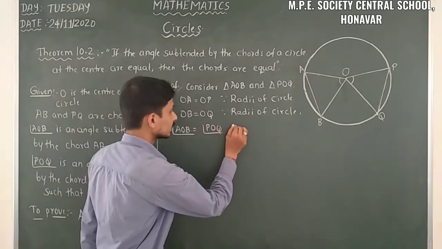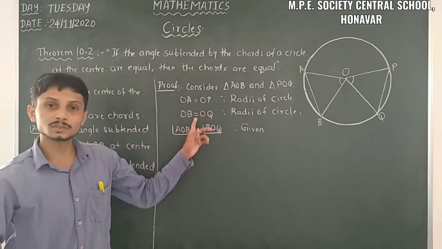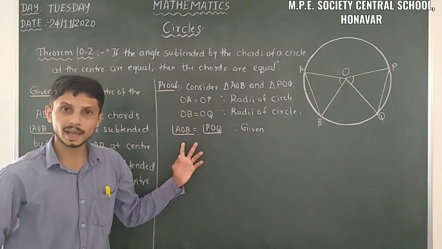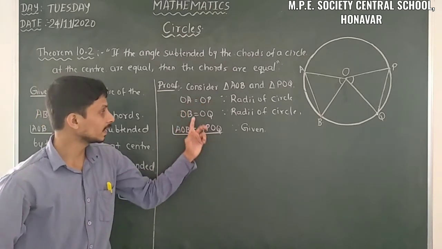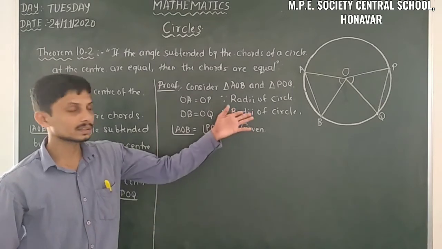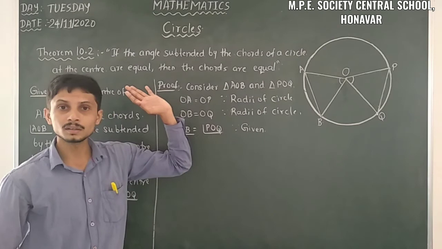So here two sides are equal and the included angles are equal. That's why, from the SAS congruence rule, we can say that triangle AOB and triangle POQ are congruent.